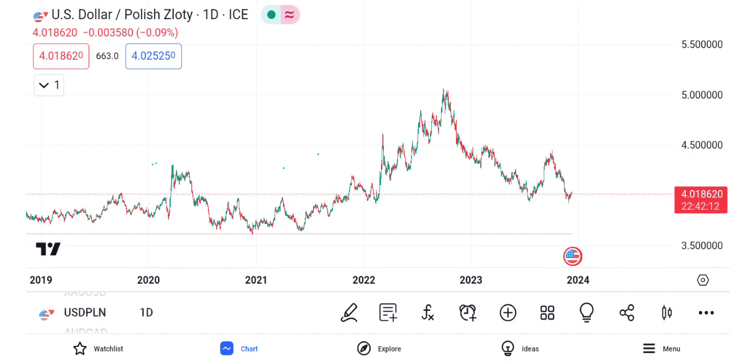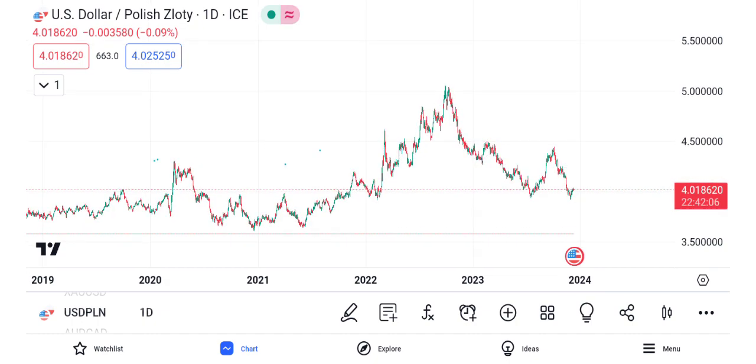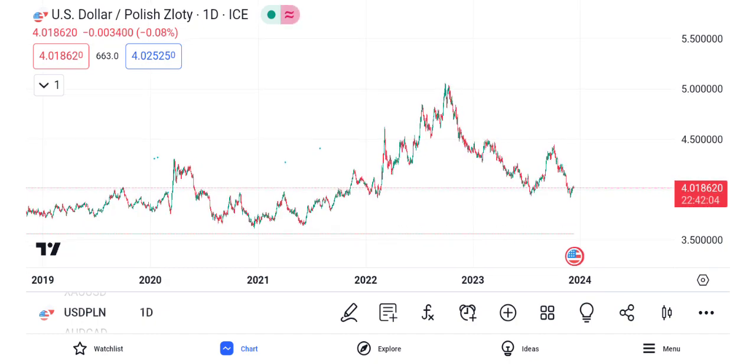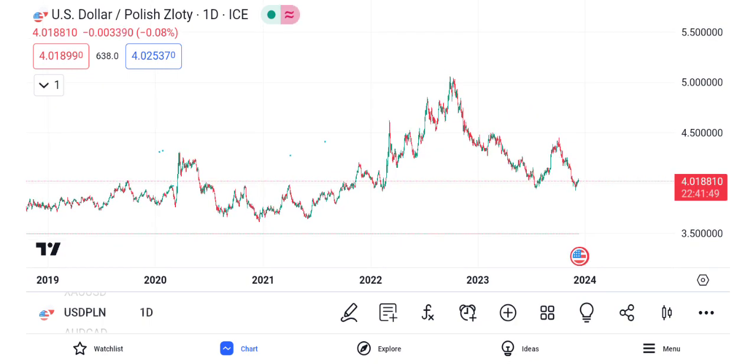So the first one we are going to be using is the daily time frame.